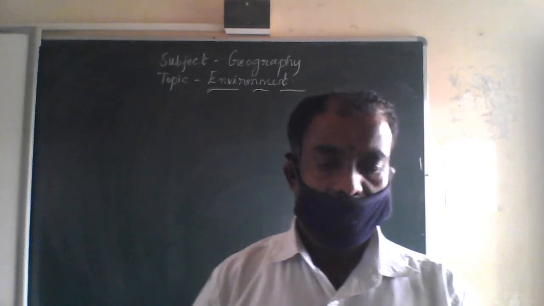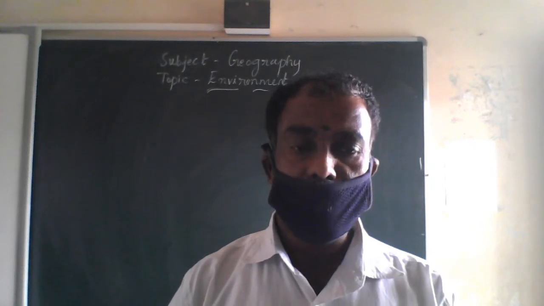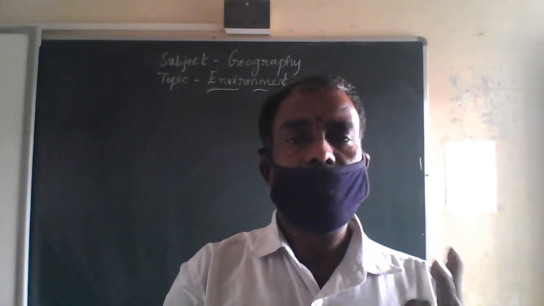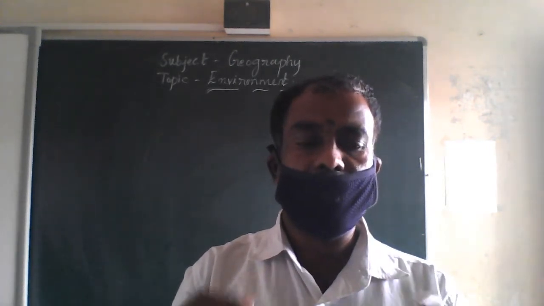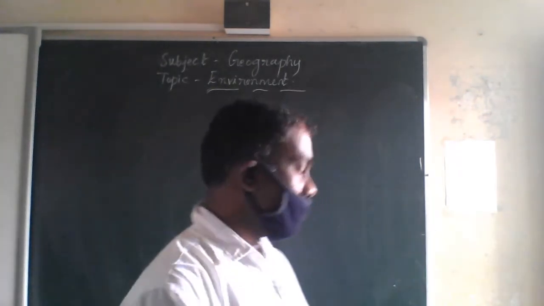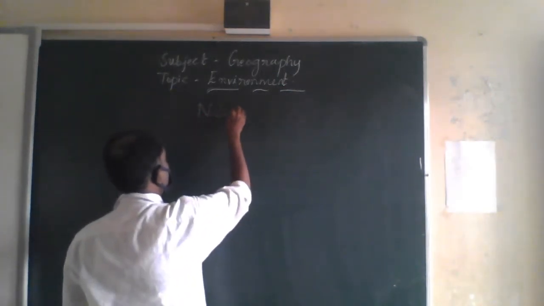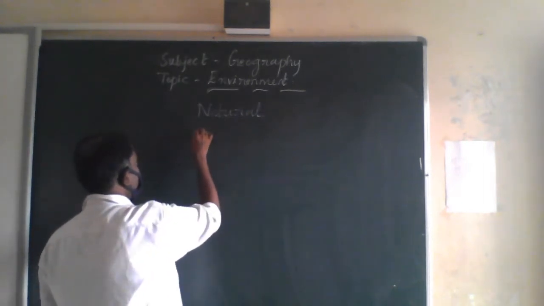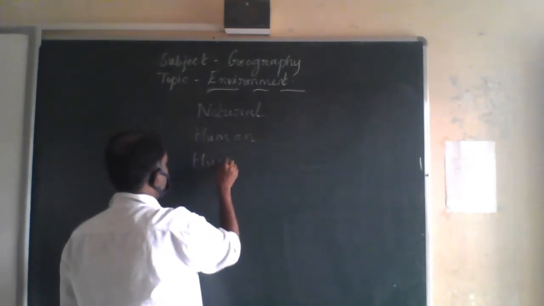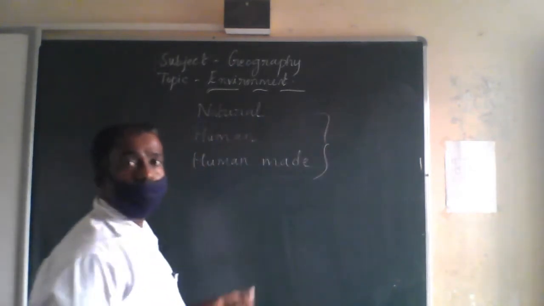Last class, we started to discuss the components of our environment. I told you that the components of our environment are classified into three major ones. See, there are three major components of environment. The first one is natural environment, the next one is human environment, and the next one is human-made environment.